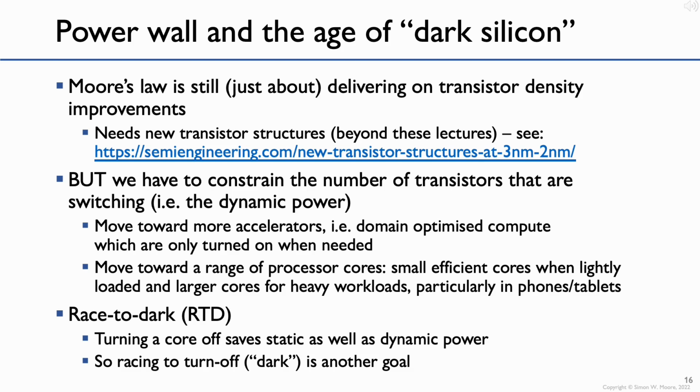So we're seeing a number of things happening here. One of the really obvious ones is a move towards accelerators, so domain optimized compute, which we only turn on when we need it. A very good example of this is video codecs. A phone or a tablet will have a video decompressor, like an H.264 video decompressor.